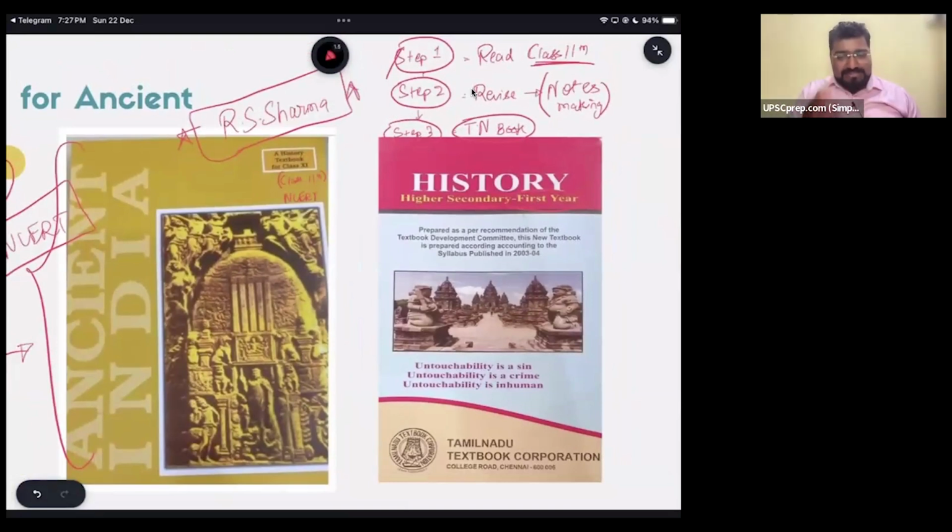Suppose you find a new concept in the Tamil Nadu book, just read that particular concept, just highlight it. You can also add that particular concept to your notes. Okay, so this should be the complete strategy for your ancient.